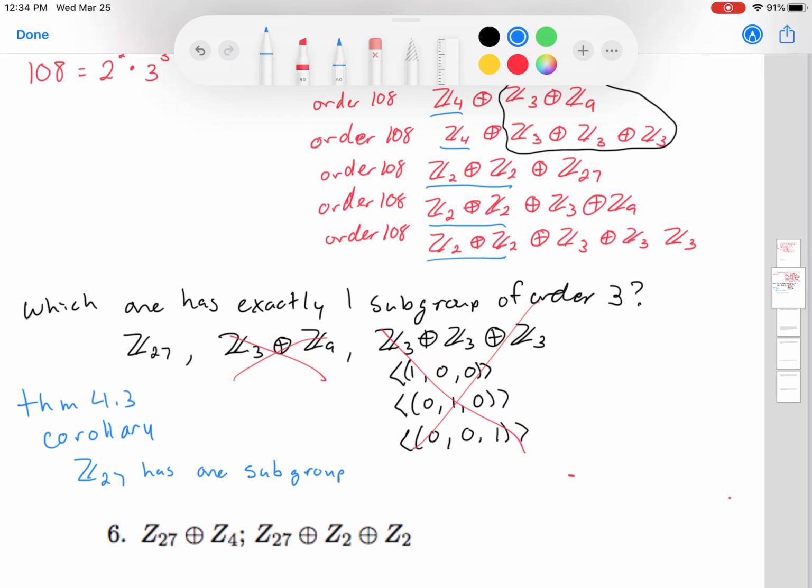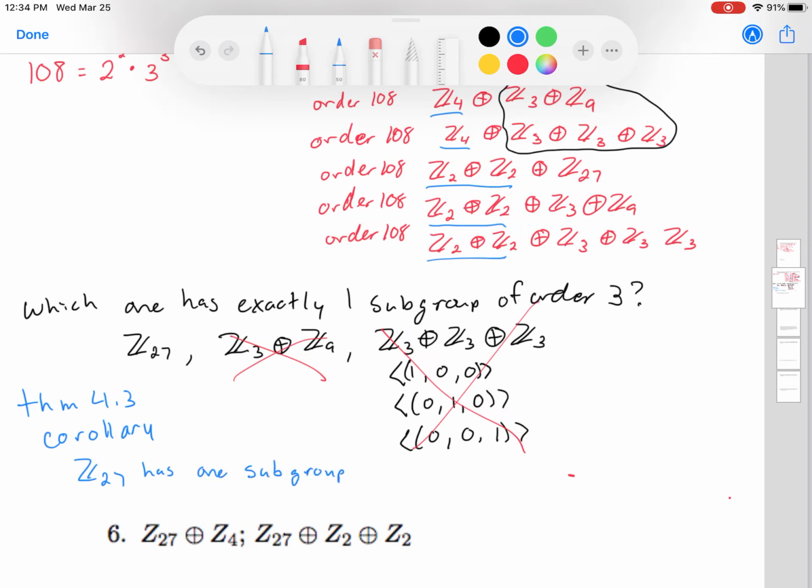And to think about what those subgroups would actually look like here, this one, the subgroup would be 0, 9, and that would be a subgroup of order 3.